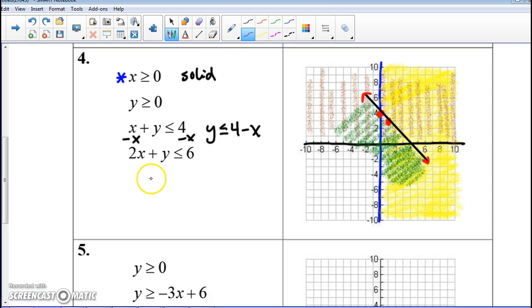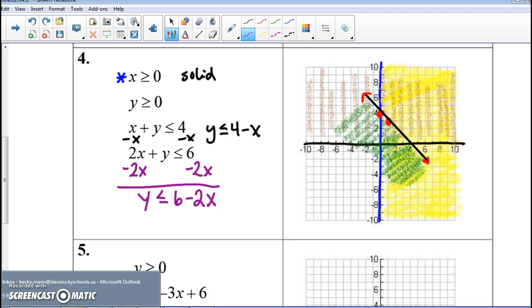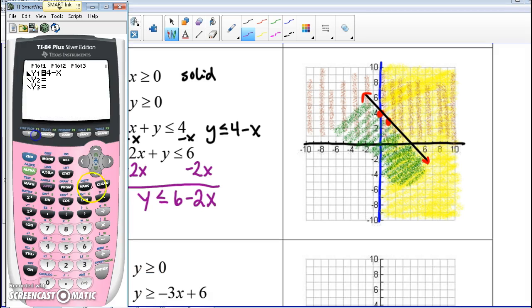And we have one more line to solve, so we'll subtract 2x on this. And that one again is ready to go. So whenever you're ready, go ahead and put that in your calculator. So clear this out, and this one is a less than or equal to also.